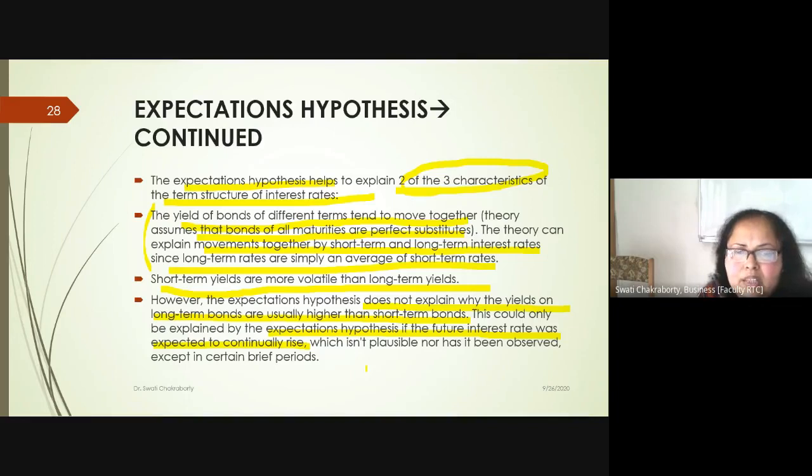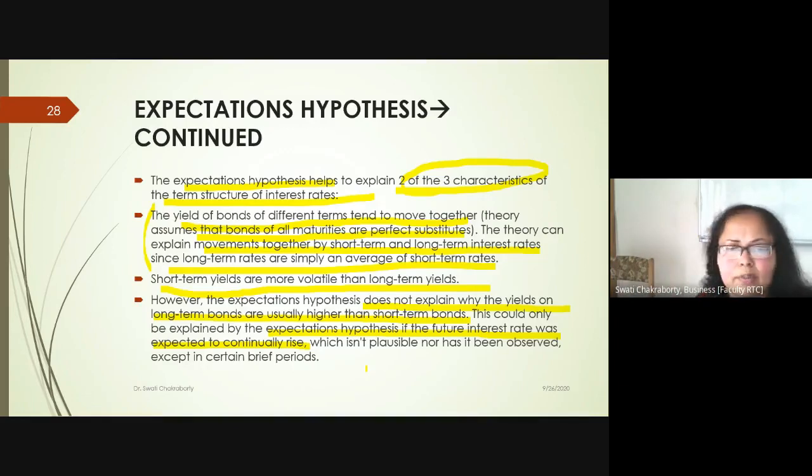And why is short-term more volatile? Because when you're looking into the long-term situation, you're actually talking about short-term means, so short-term means can vary. With long-term yields, we're talking of more stability, and more risk is there, so the returns are also high, right?